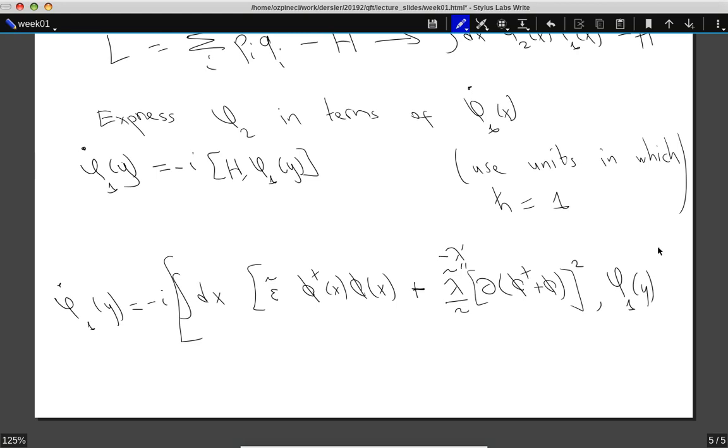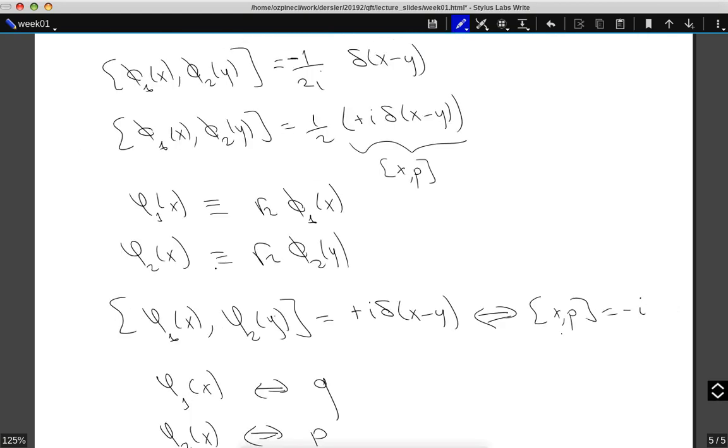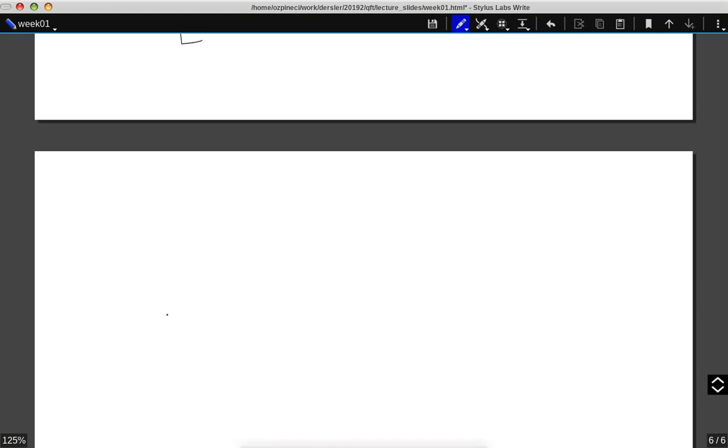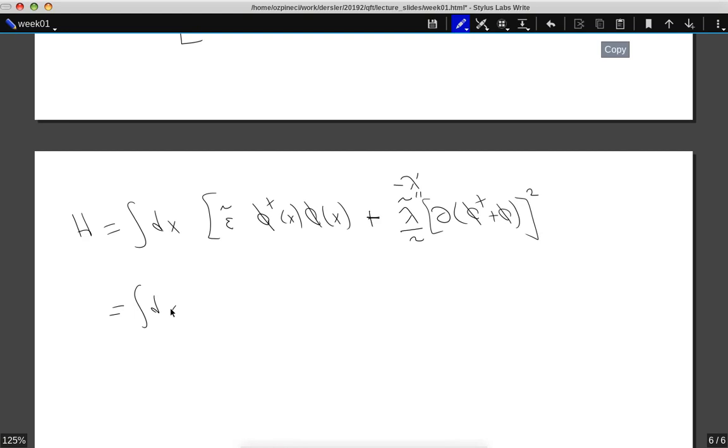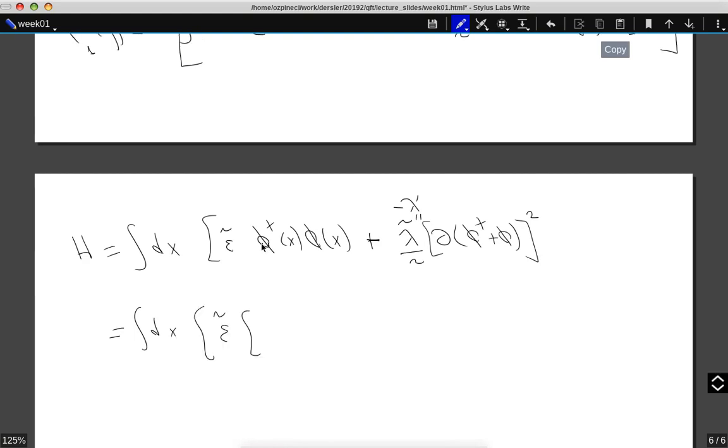Now, first, I should better express my Hamiltonian in terms of phi 1 and phi 2. This is my Hamiltonian, which is integral dx epsilon tilde.